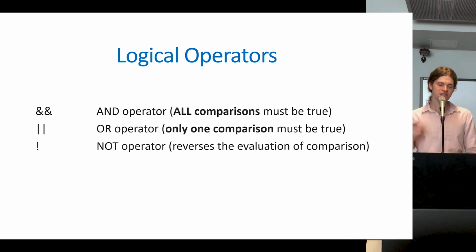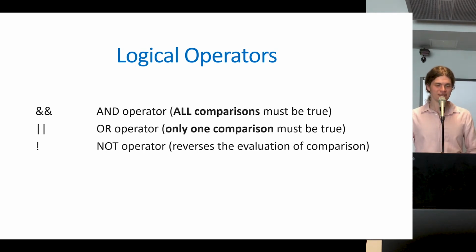But if I was to combine multiple comparisons with the AND operator, which is the two ampersands, which is actually the symbol above the 7 key on your keyboard. Okay, so it's holding shift and then pressing 7 to get to it.